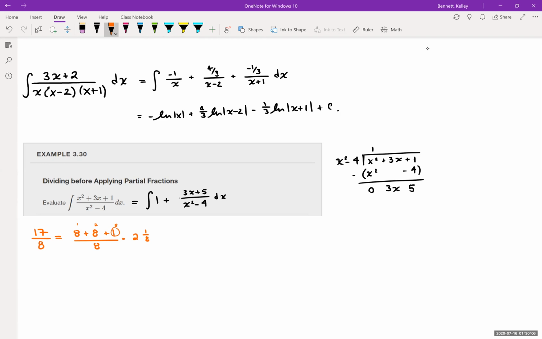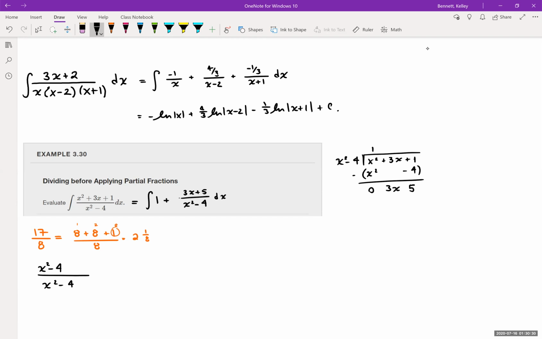I'm going to do the same thing with our integrand. So if I have something over x squared minus 4, I want to be able to write it as x squared minus 4. I know I can't stick another x squared in there because I don't have room. I've already used up the 1 x squared. So now I'm just going to add whatever I have to get back.